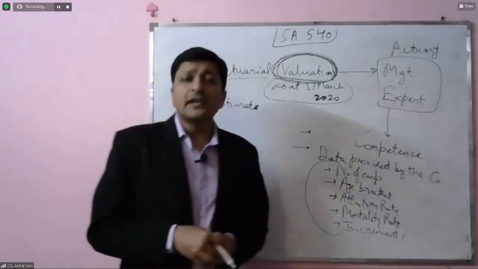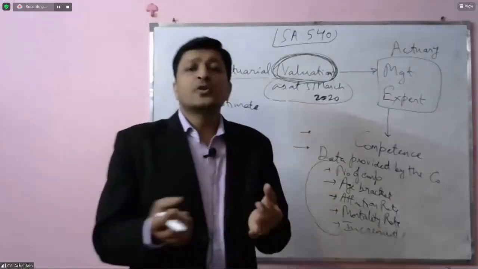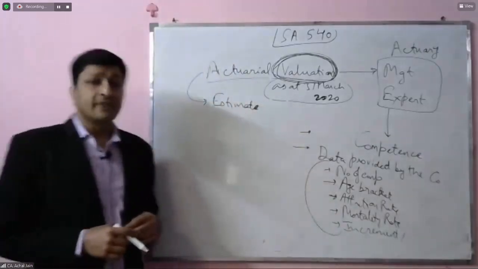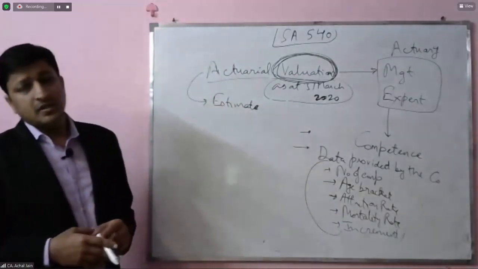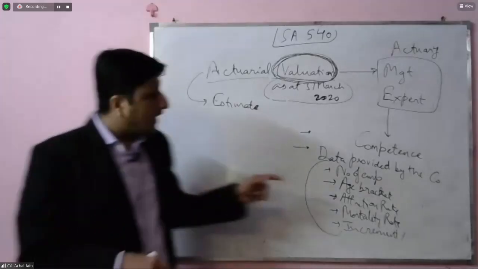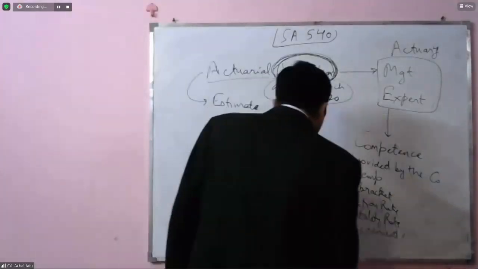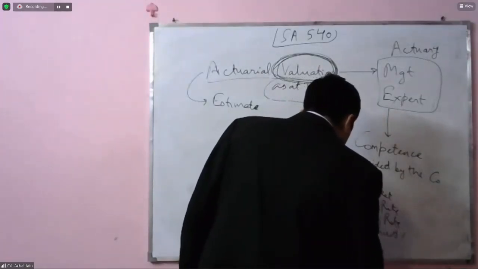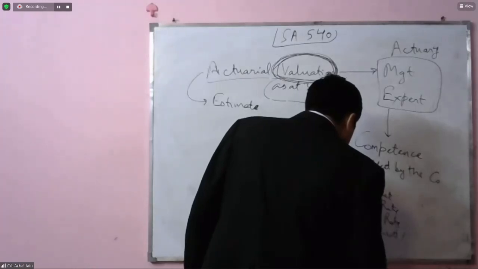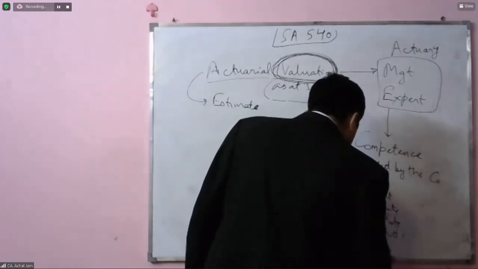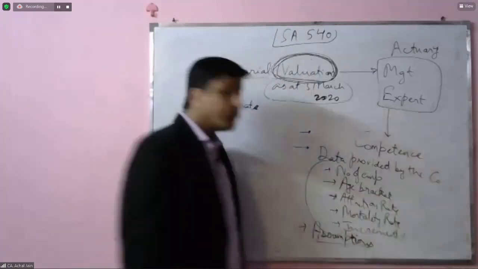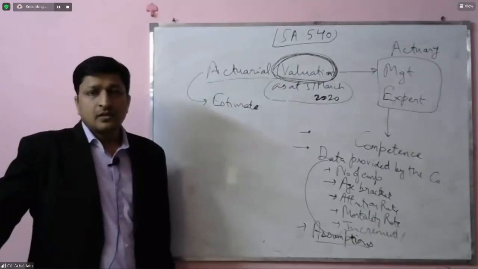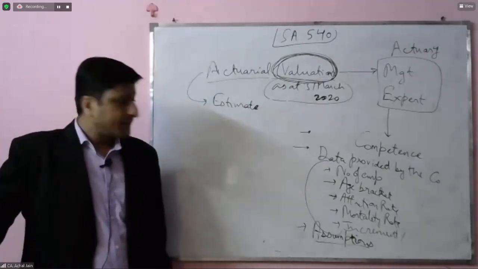And in terms of this valuation, actuary needs to compute the present value. And for the purposes of computation of present value, what would the actuary need? A discount rate. So that means along with the data which is provided by the company, there are certain assumptions, or you can say the basis, which will be used by the actuary.